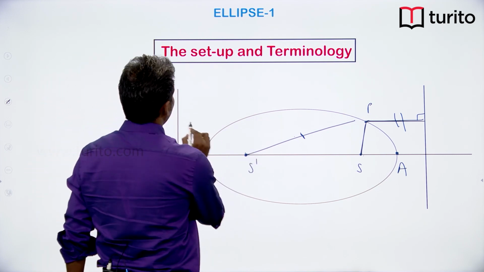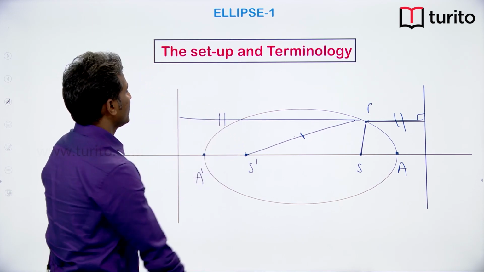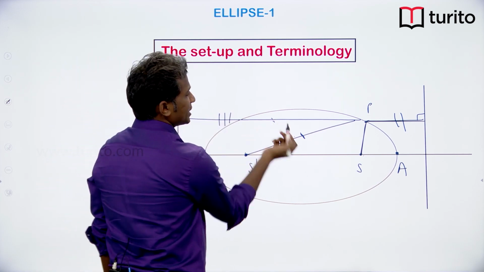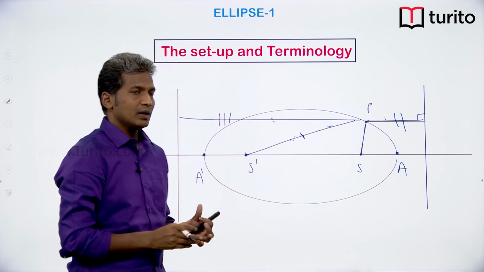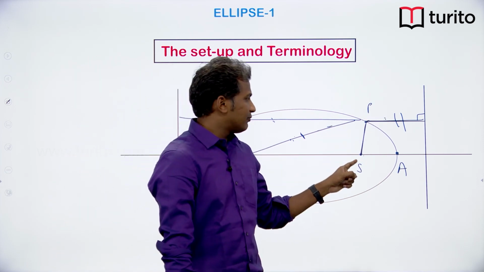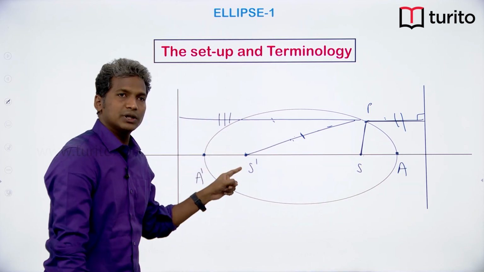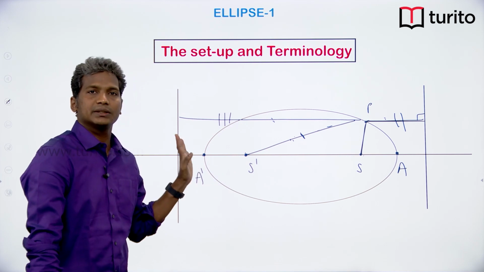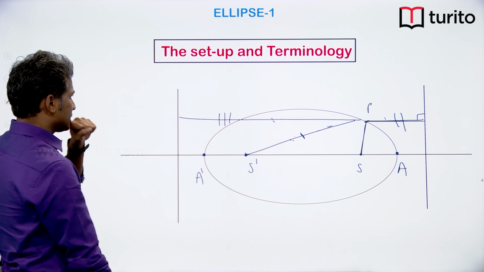So, if you want to compare them, you have to compare it with this distance. Okay. So, these two will be in the ratio E, but these two will not be in the ratio E. So, remember that for this focus corresponding directrix is this, for this focus corresponding directrix is this. Okay. So, that is one basic idea of directrix and focus.